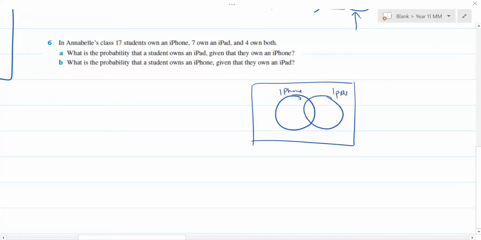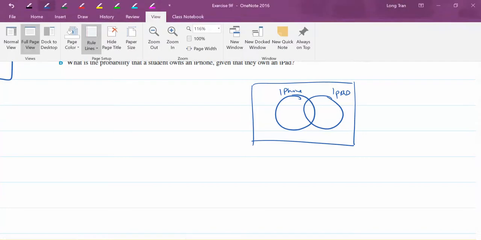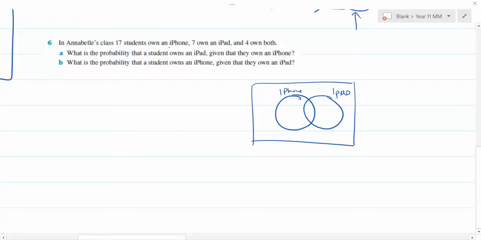They tell me that 17 students own an iPhone, 7 own an iPad, and 4 own both. So I always start off with the both because it's easier to see in the Venn diagram. Now, if 4 own both, but we said that 17 students own an iPhone, so in this iPhone circle, it should all add up to 17.